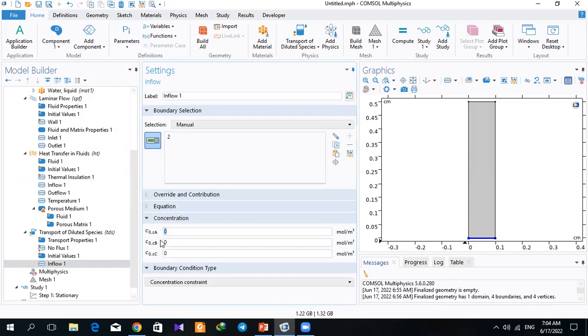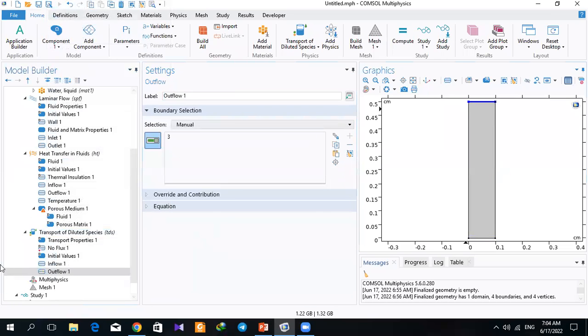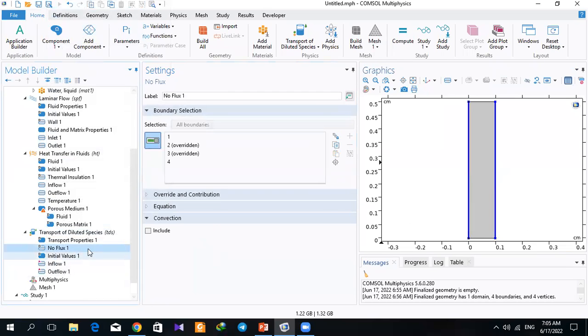So we have 1, and we define just 2, and it's 0 for C in the inlet of the reactor, and we have the outflow here. Also, we have no flux here; it's isolated completely.